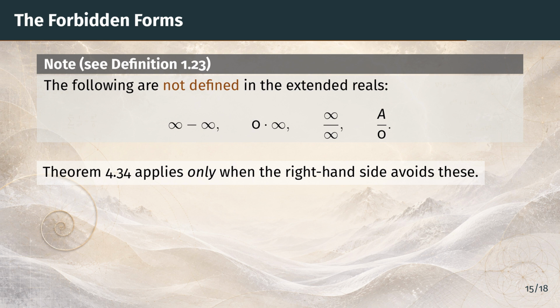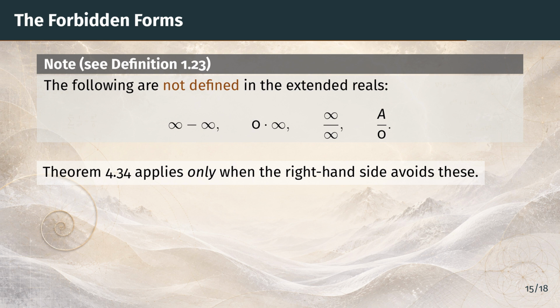To see why infinity minus infinity has no meaning, picture two functions that both grow without bound. Their difference could approach any number at all or nothing in particular, depending entirely on how fast each one grows. There is simply no single answer worth assigning. So Theorem 4.34 carries the safety clause we kept emphasizing.